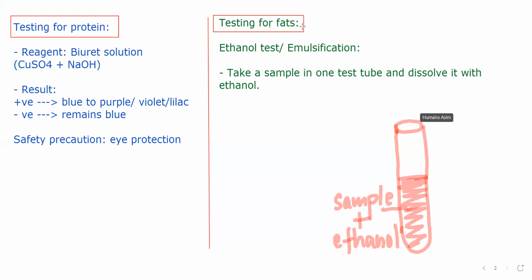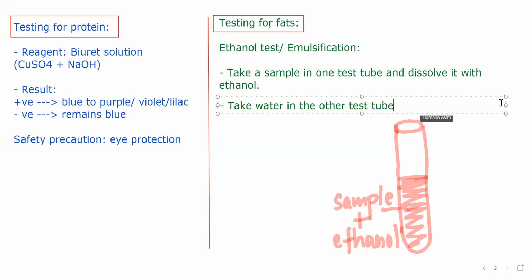Now, here in this one test tube, we have sample plus ethanol. What are we going to do next? Now we are going to take water in the other test tube. Let me draw it so we understand better.